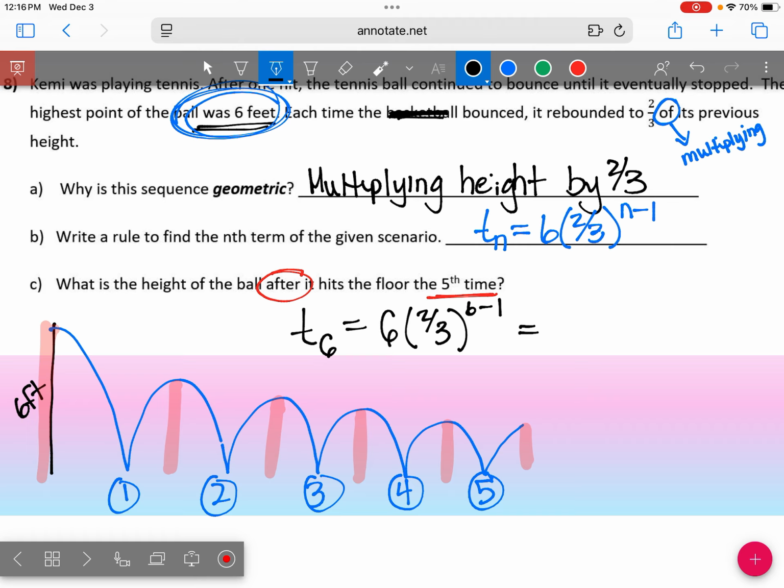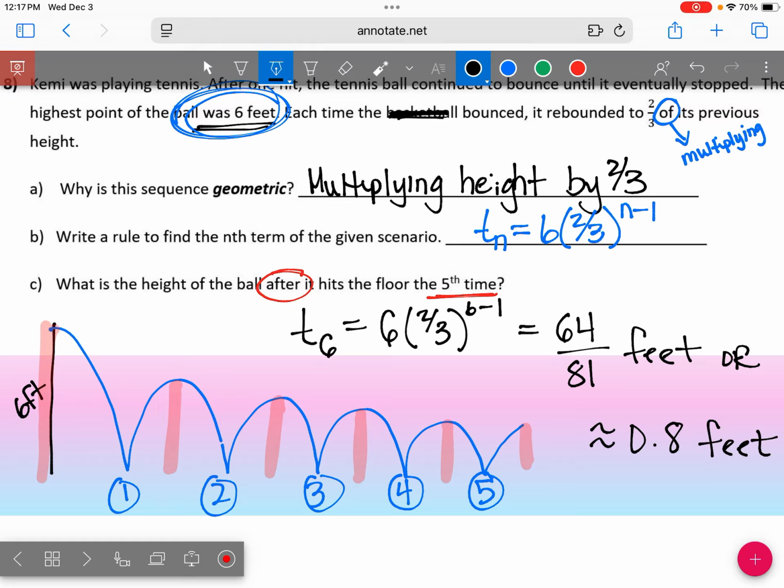As a fraction, you would say 64 over 81 feet. But as a decimal, and I don't care which way you write it, it would be approximately 0.8 feet. All right, go ahead and do the next question by yourself.